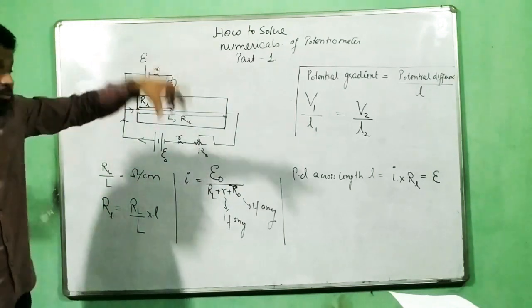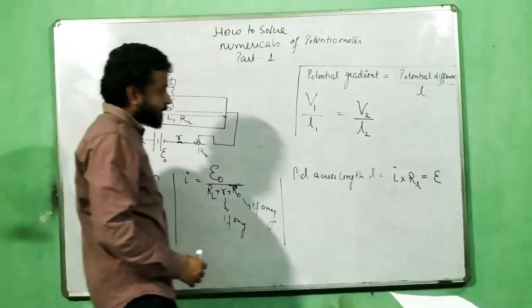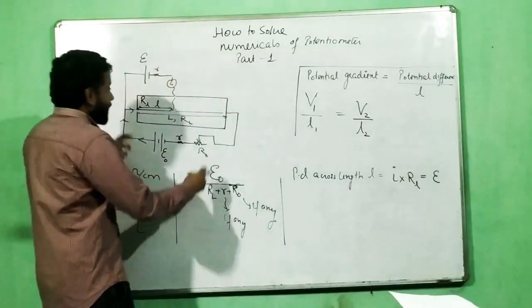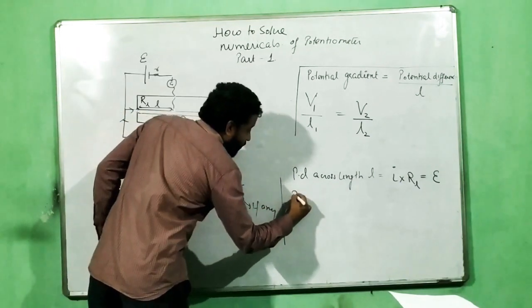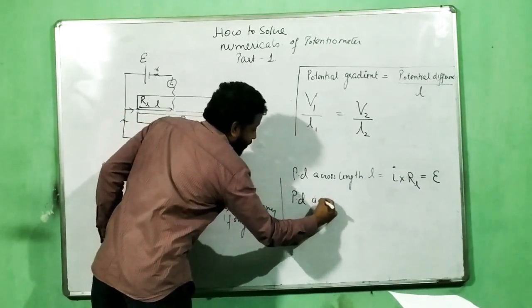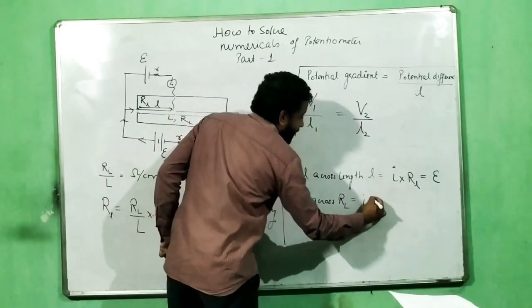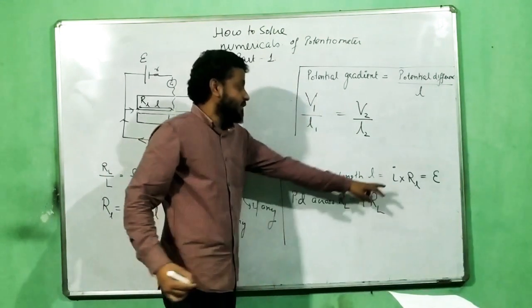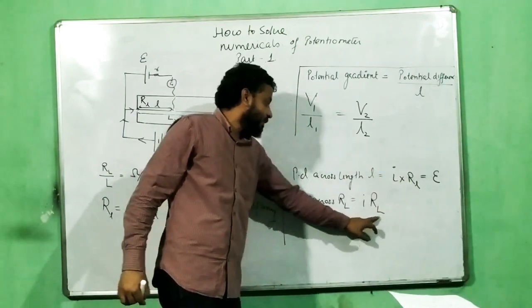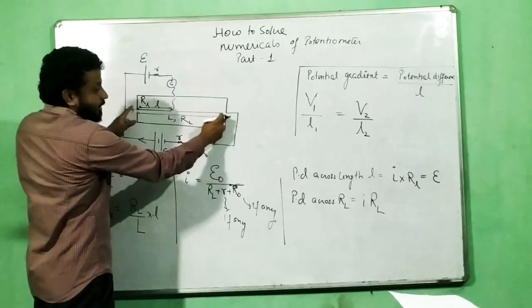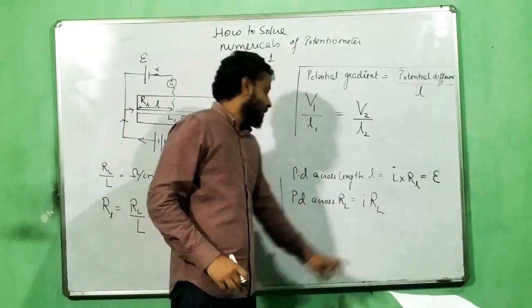Or if you want to find the potential gradient, remember that we have found the value of I, correct? Once you get the value of I, if they ask you what is the potential difference across RL, that will be equal to I times RL. But there is a difference here. This is R small l, this is R capital L, because I want to know the potential difference across the entire RL. So that is I times RL.